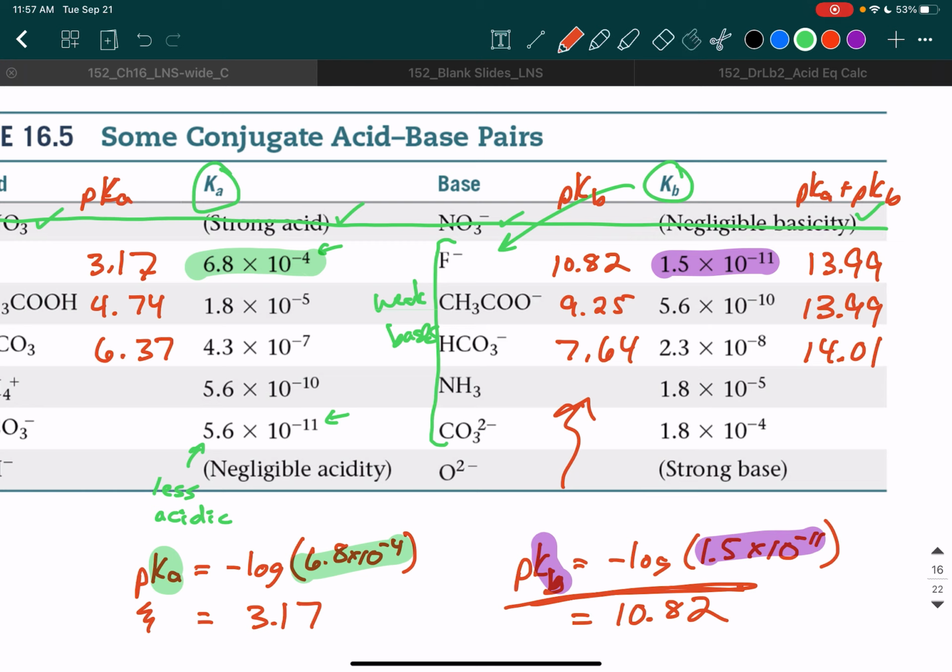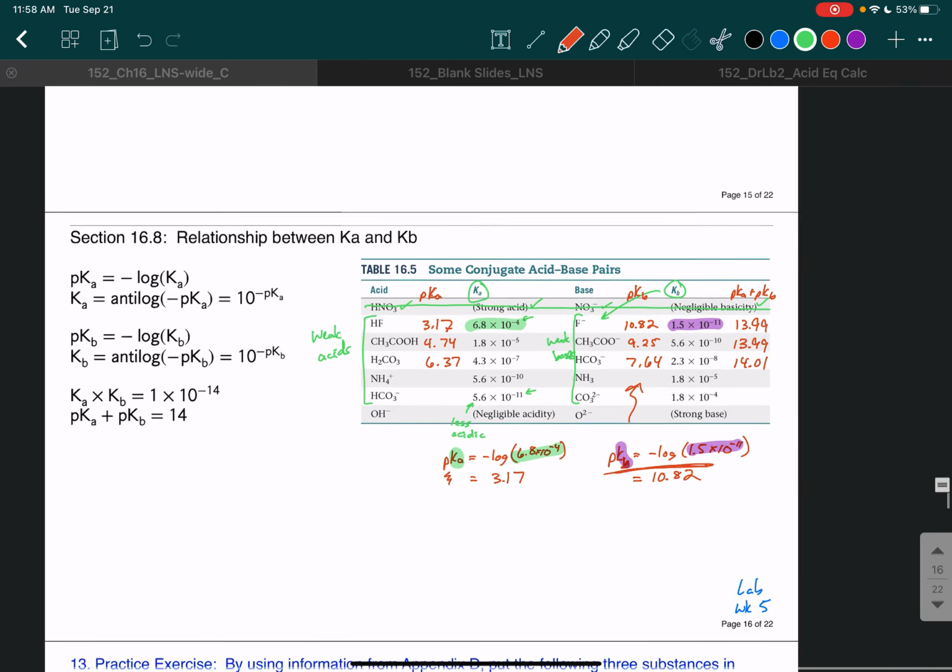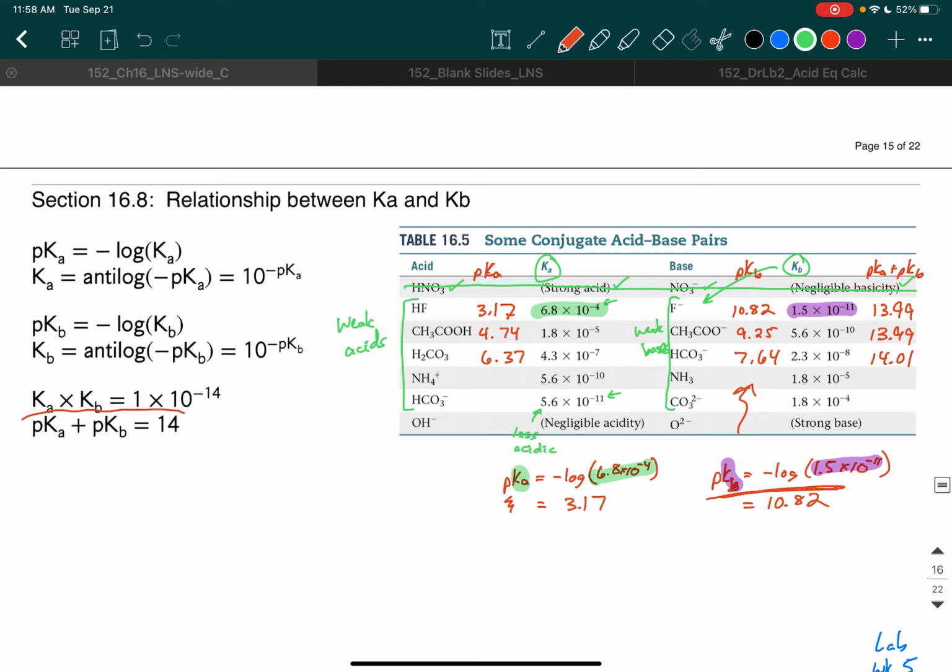It doesn't matter what it is: take any weak acid and its conjugate base, add the pKa and pKb together, and it'll be 14, basically. So that's where that very useful formula comes from that we'll use quite a bit.